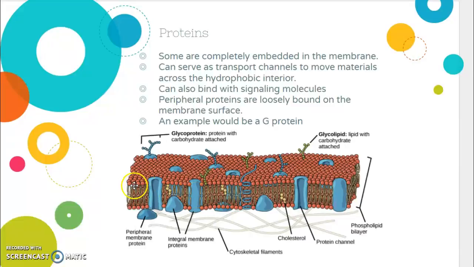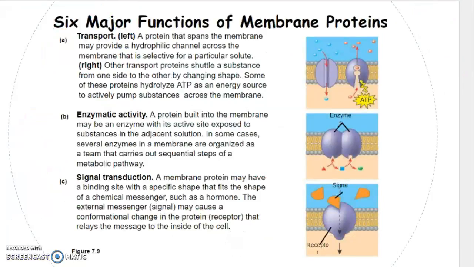So far we've covered the phospholipids, and then the proteins. There are 6 major functions of those membrane proteins that I just talked about. We're not going to dive in depth into them right now because we go further into detail with some of these a little bit later. Transport is the first one, and that's the one we're going to talk about today.